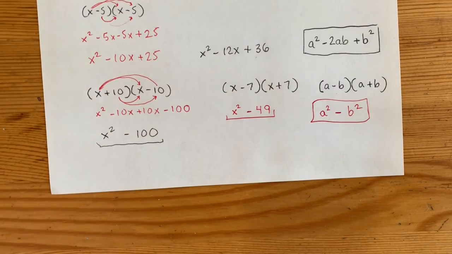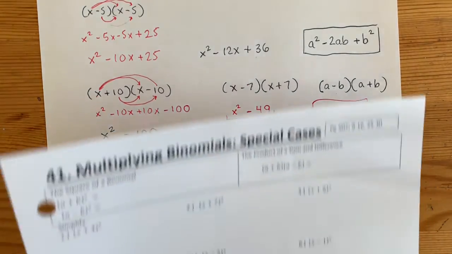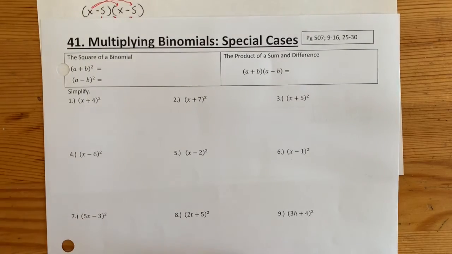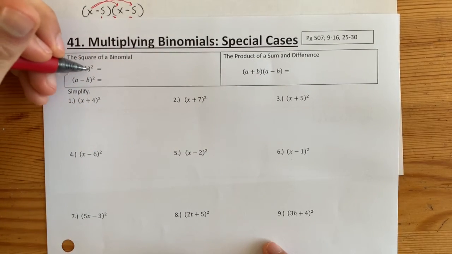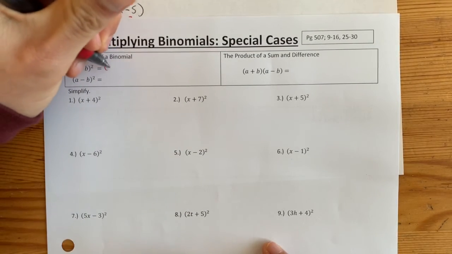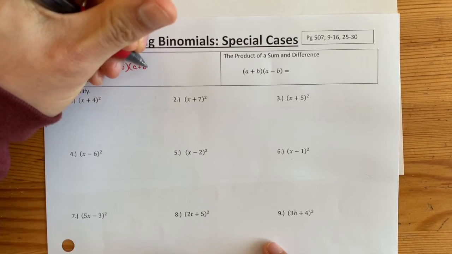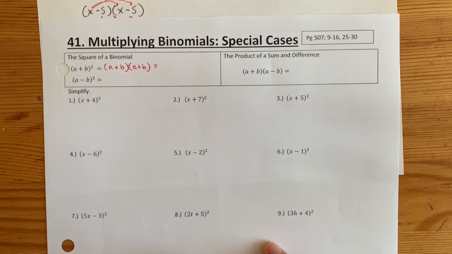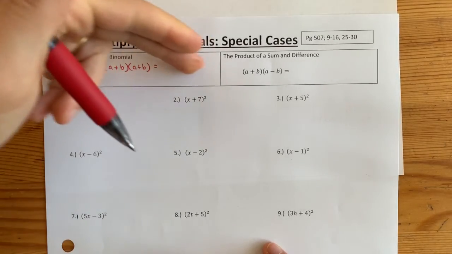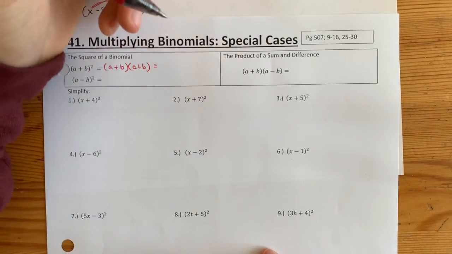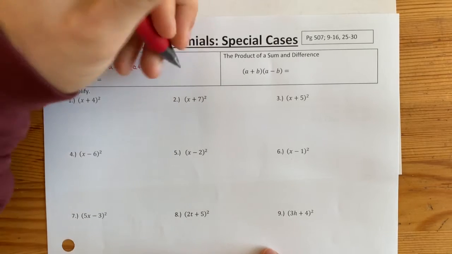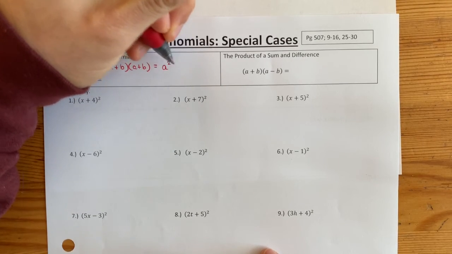Let me put these into the note sheet now, what we've discovered. So A plus B squared, we took a look at that. The first thing I want you to write down is that that really means A plus B times itself. But here is the shortcut formula, which I technically don't use, but I like to FOIL it by hand, but I'll still put it down.